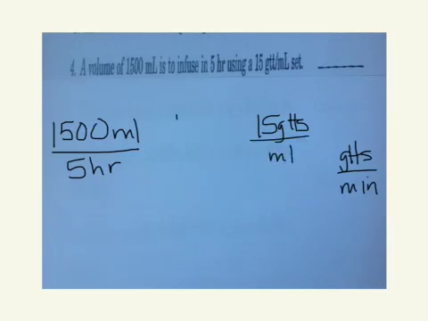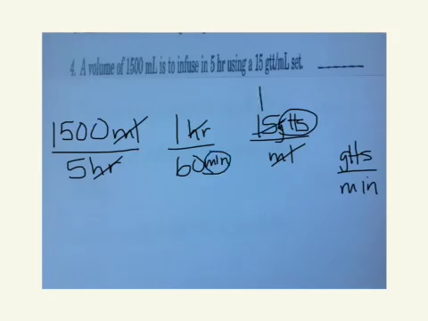And then of course we're going to change the hours to minutes. So we'll put that in there. Cancel out the units that we don't need. Hours, hours, mills, mills. And then again, I simplify. So what we have left is drops per minute, which is what we want. I'm going to simplify. 15 goes into 60 4 times.